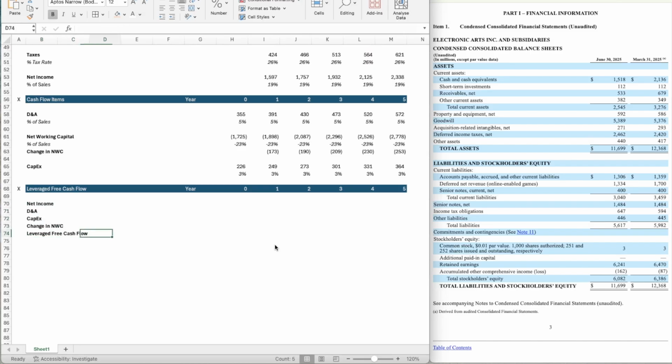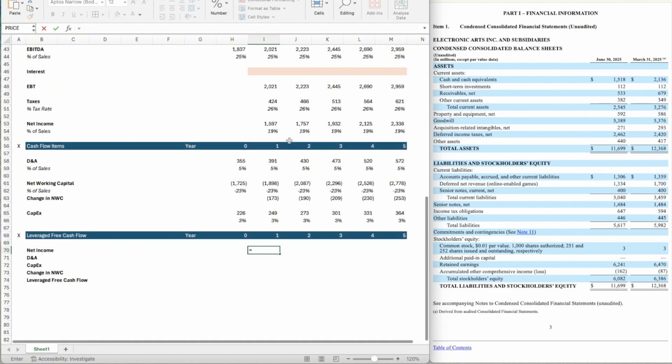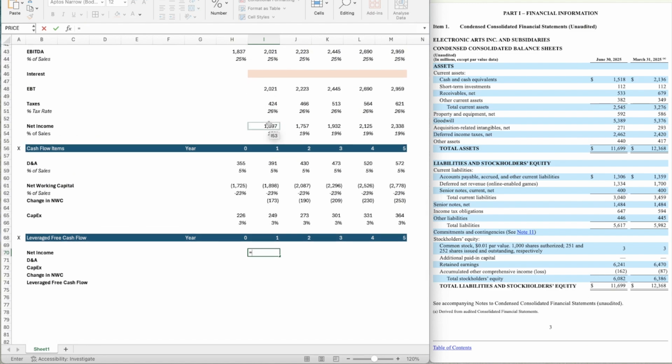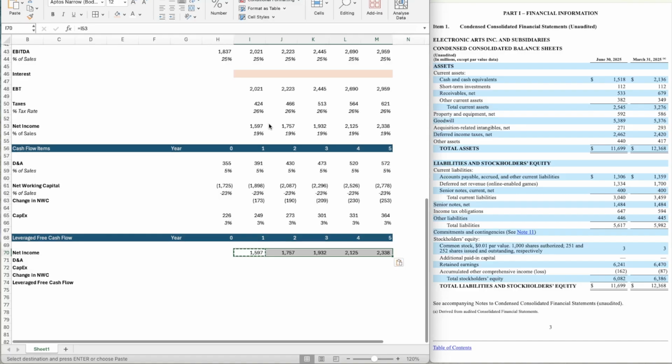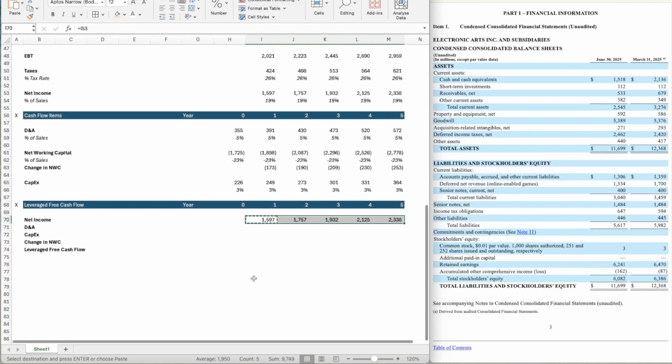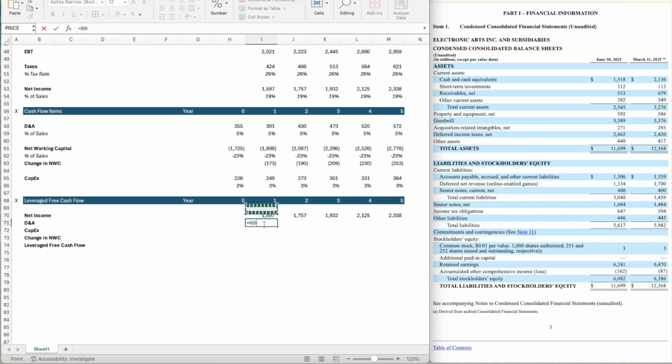Bold it all. Net income, take from here. The CapEx. Change in net working capital, it's this one.